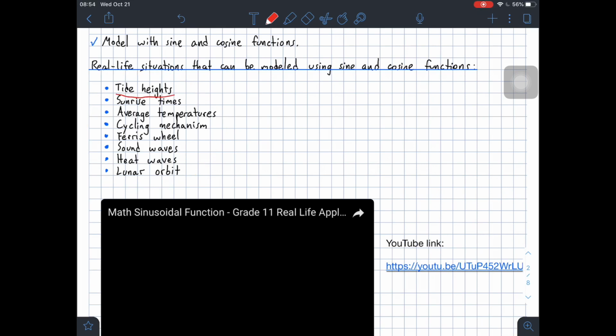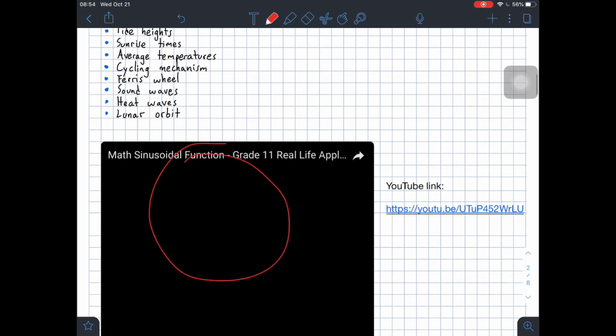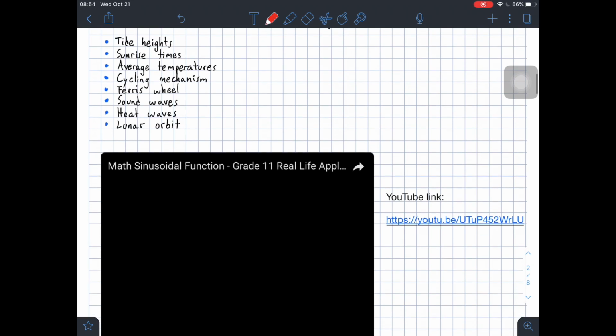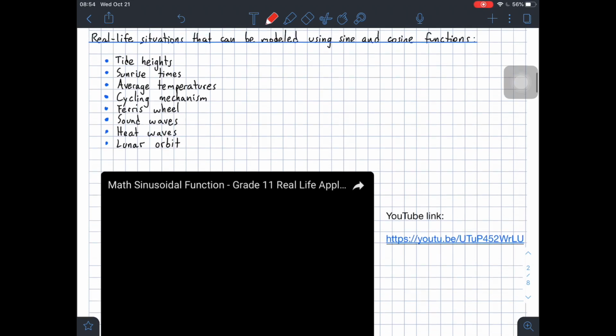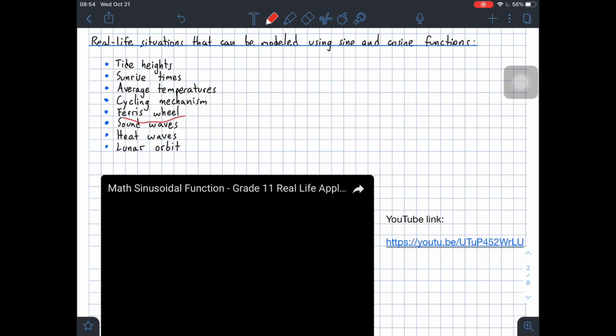For example, analyzing tide heights in the sea, or sunrise times, average temperatures, cycling mechanism, which by the way this video is about that. If you want to take a look at this video, I'm gonna attach this video to the electronic assignment as well. Then the Ferris wheel, that's the game we have in the parks.